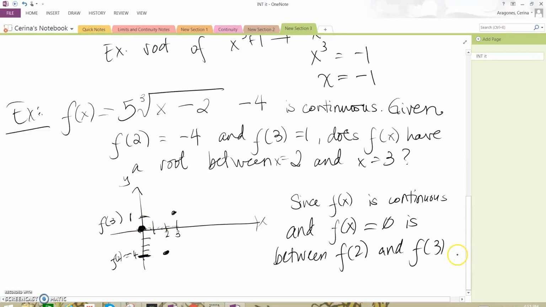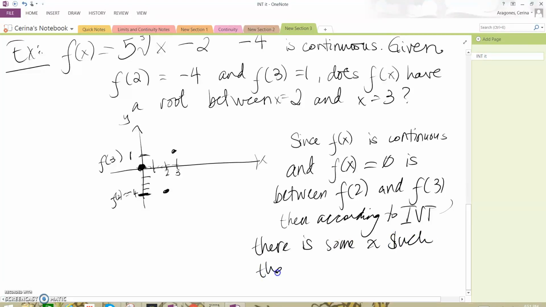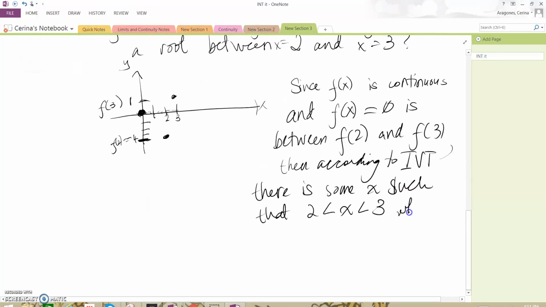Then according to the intermediate value theorem, there is some x between 2 and 3 where f of x equals 0. So using our intermediate value theorem, we know that 0 is in between f of a and f of b. Therefore, there is some x value that makes f of x equal 0.